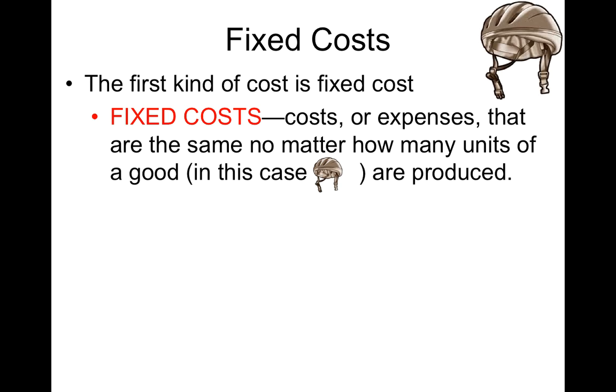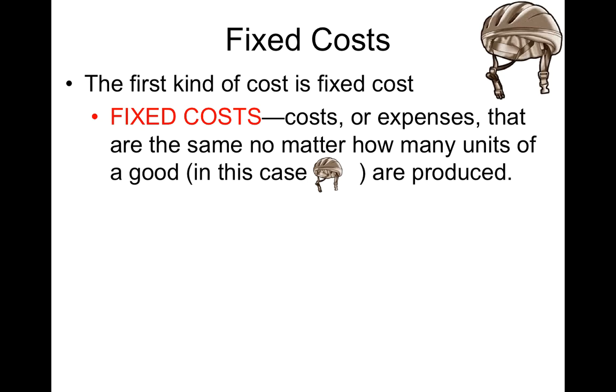Something that's going to be a fixed cost is the rent for the factory, the capital for the machine or the tool that cuts the foam for the helmet, the salary for the manager. It has to be salary, can't be wage. If it's wage, it's going to change. But if it's salary, then it can go into fixed cost.